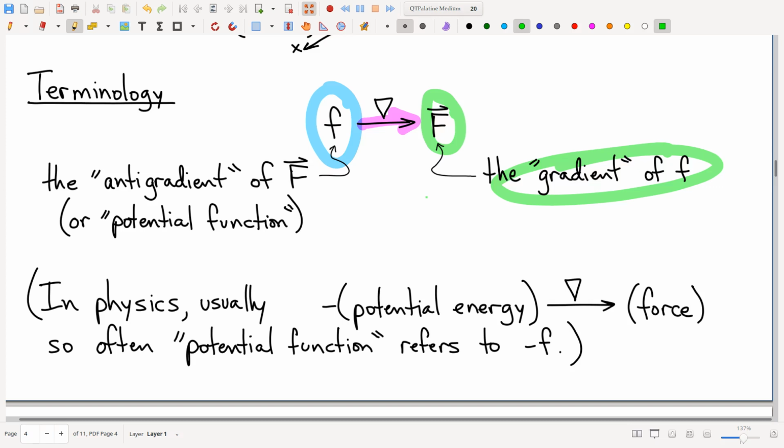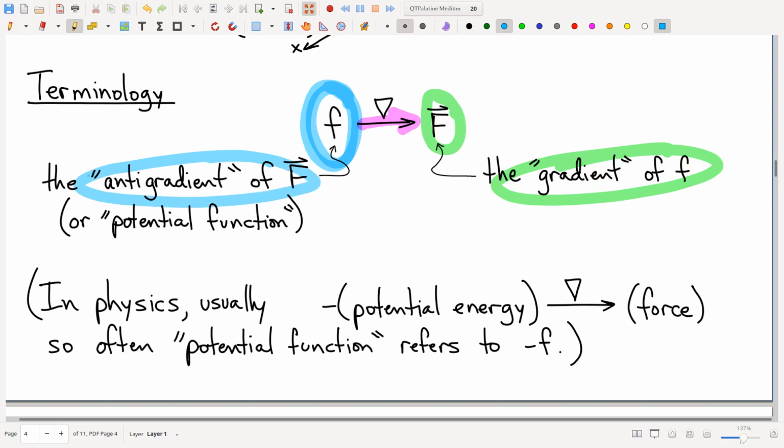What are we going to call the original function? In other words, if somebody comes to you with a vector field and says, hey, this vector field is a gradient of some function, what is that some function? What terminology should we use? And I propose antigradient.